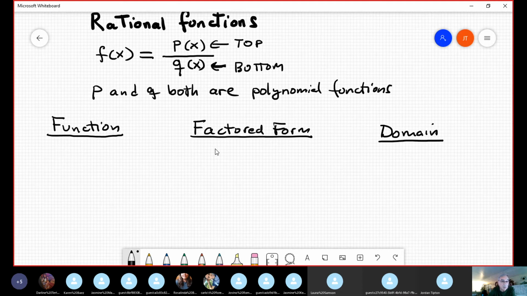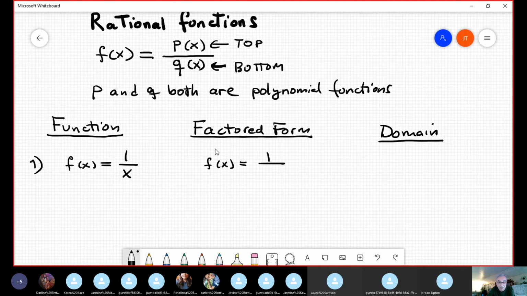Let me start with example one. Example one is elementary. f of x is equal to 1 over x. On the top we have 1. 1 is a polynomial, but polynomial of degree 0. And x is a polynomial of degree 1. The factored form stays the same, because we cannot factor more.